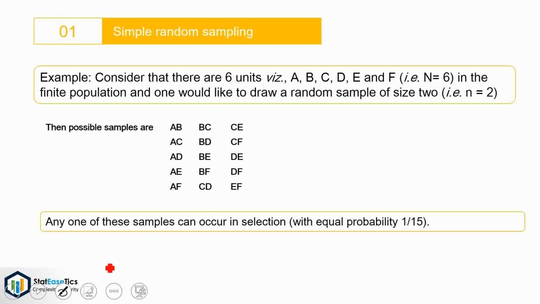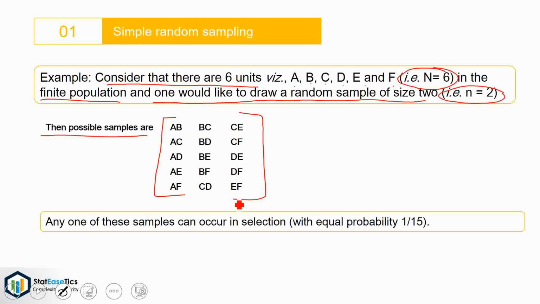Let's see the example. Consider that there are 6 units, namely A, B, C, D, E and F, that is capital N is equal to 6 in the finite population, and one would like to draw a random sample of size 2, that is small n is equal to 2. Then possible samples are as shown.